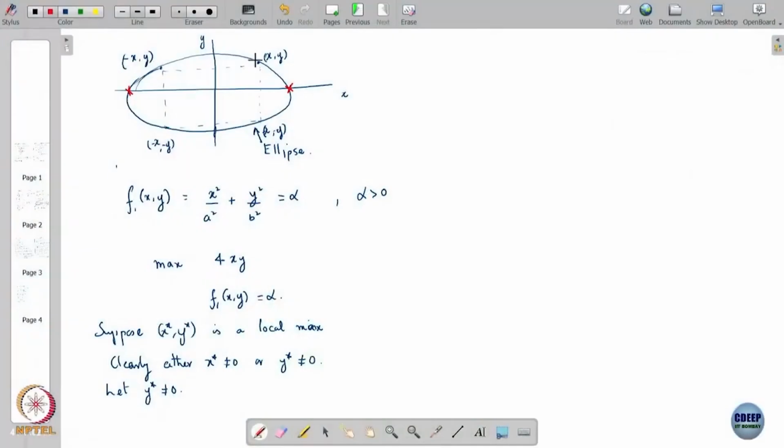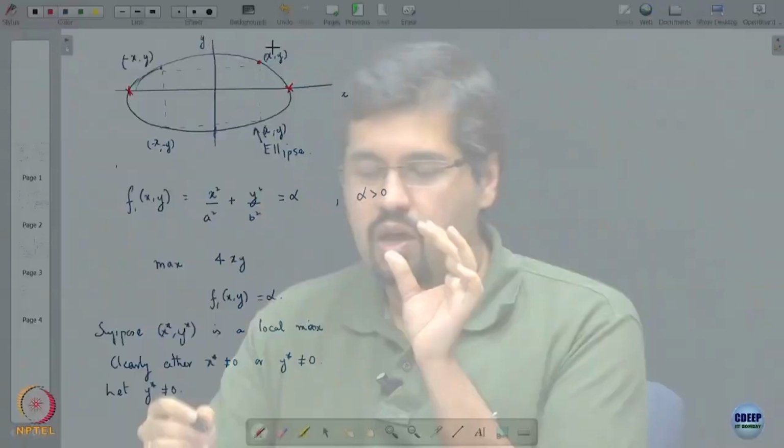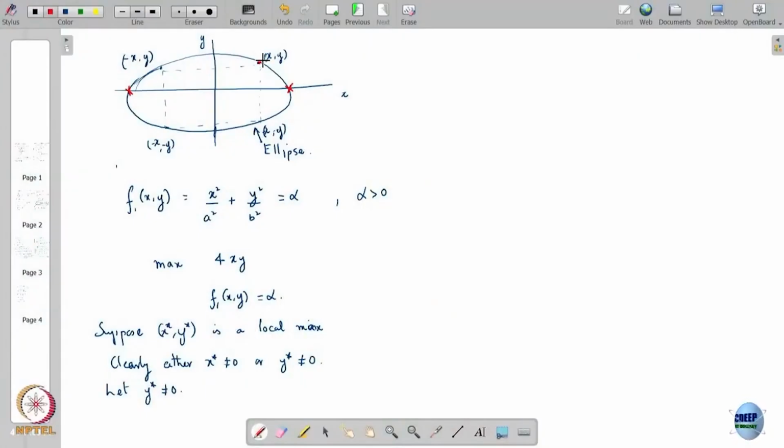Now, when y star is not equal to 0, that means we are somewhere at a point like this. So let us take this point itself. You are on the surface of the ellipse, and the thing that we want to exploit is that, because you are at a point like this, if I tell you what the x is, I should be able to solve for y in terms of x, knowing that I am on the ellipse.